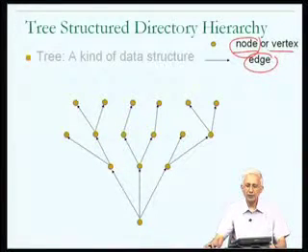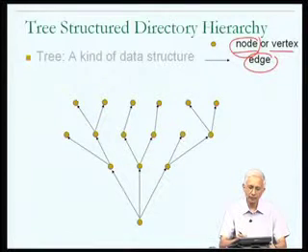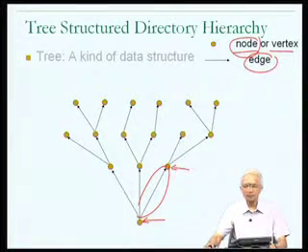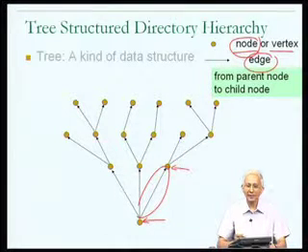Now, the thing to note is that a particular edge goes from one node to another node. For example, this particular edge goes from the node at the bottom to the node just above it on the right side. And the terminology which we'll use is to talk about an edge going from a parent to a child node.